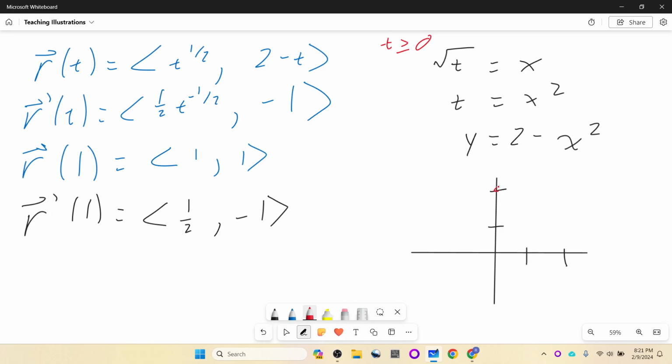So we'll go through 2. If x is 0, y is 2. If x is root 2, y is 0. So it would look kind of like this.